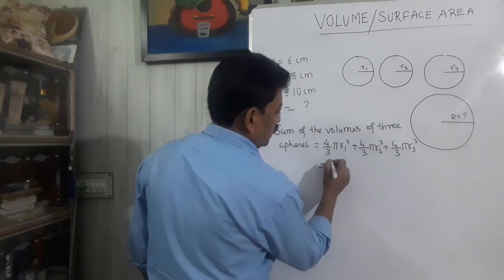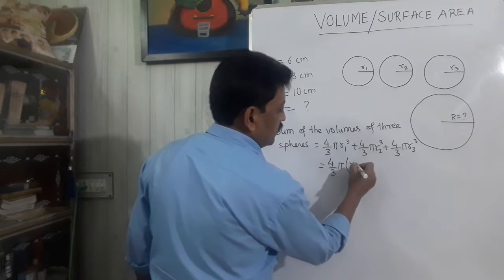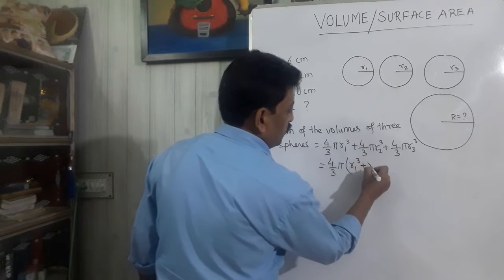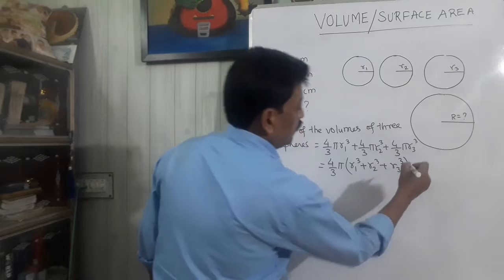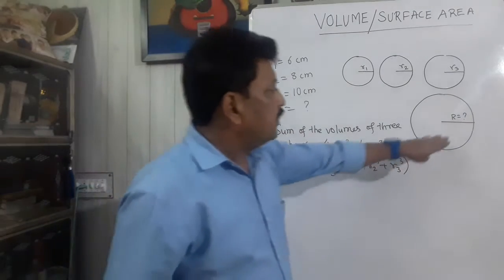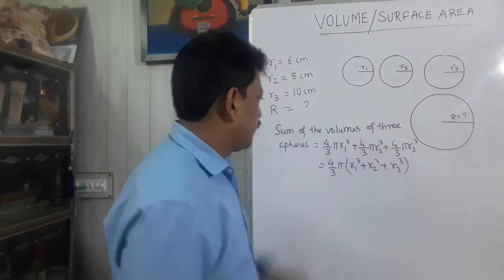Okay, if 4 by 3 pi is taken common, inside the bracket it will be r1 cube plus r2 cube plus r3 cube. Let me take the radius of the big sphere so formed as capital R.